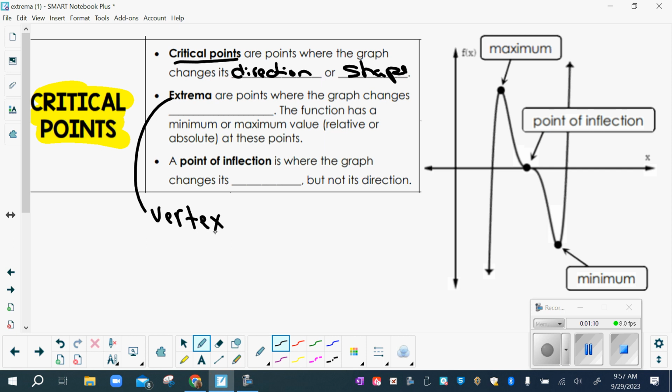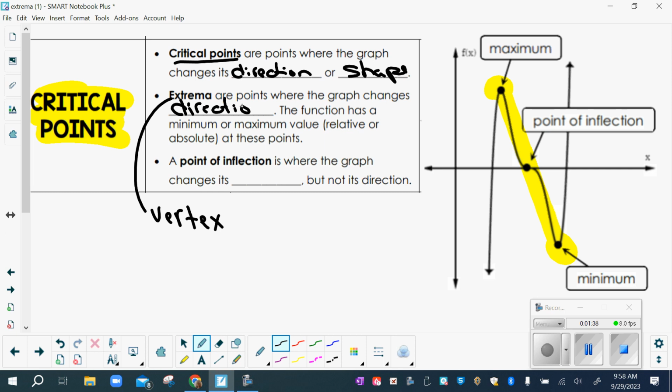Because what they are is a place where our graph is like, hey, I was going up, up, up, up, like a little roller coaster, and now I'm heading down, right? Those points right here, where it changes direction, where exciting things happen on a roller coaster, those are called extrema, right? So extrema is where the graph changes direction.